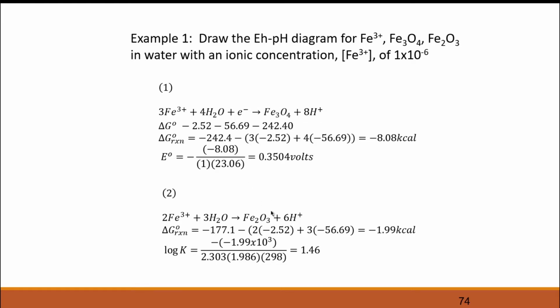So in that case, hindi natin pwedeng gamitin si Nernst equation, no? So the way we do this is, instead of using Nernst equation, gagamitin natin yung delta G is equal to RT ln K. Okay? So in that way, pwede natin makuha yung log pH as a constant value, no?